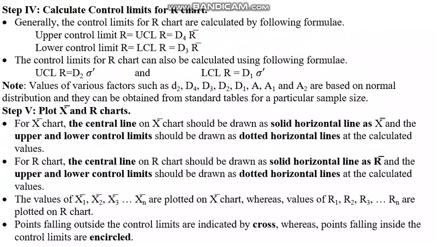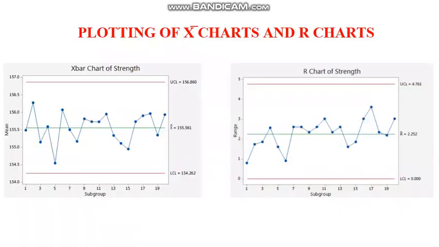If any point is falling outside the control limits, it is indicated by a cross, whereas points falling inside are indicated by circles. Because this is a colored chart, nothing has gone outside the control limits.